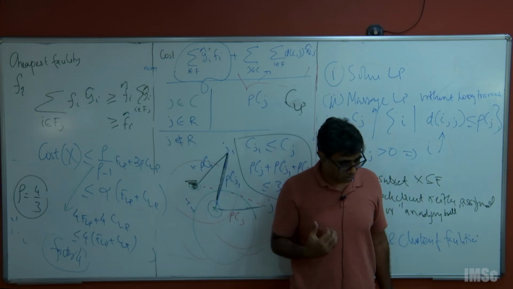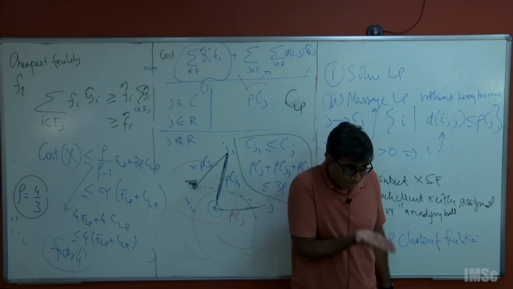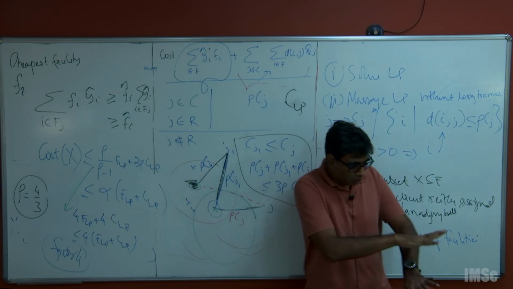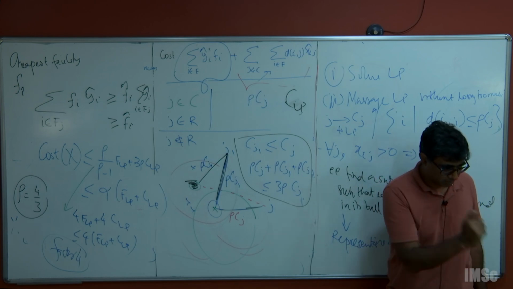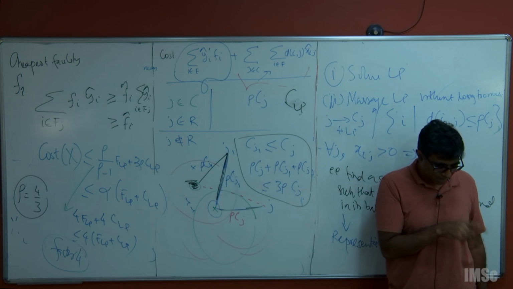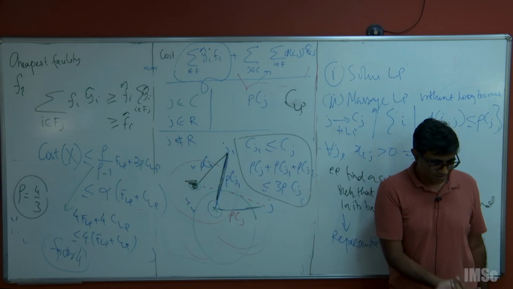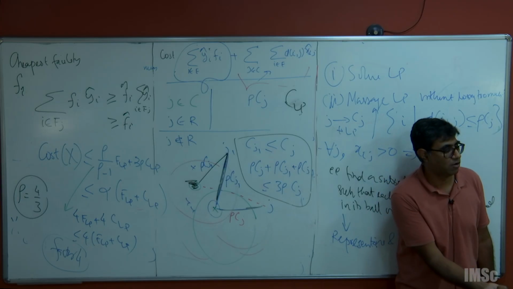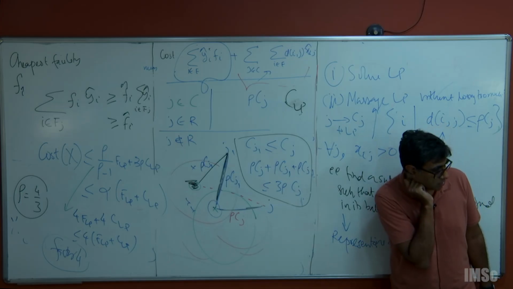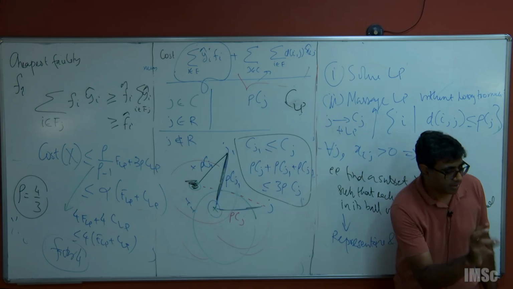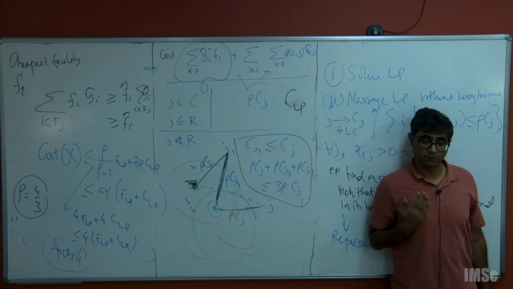Now, why did I need yi hat? Imagine I look at these yi hat values and I'm going to choose one integrally. But imagine that yi hat value was like 1/3 or some such thing. The total summation of yi hat would have been 1/3, then my factor of approximation will just blow up, because in the LP I am paying some 1/3 times some cost, but here I am paying full cost.